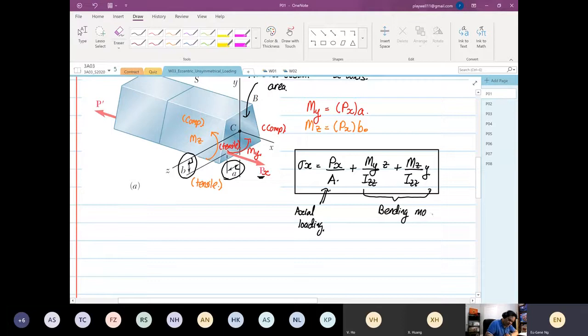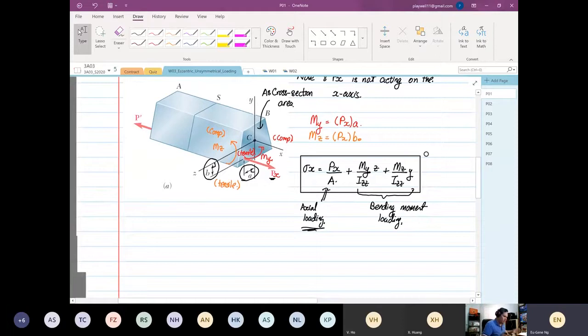In eccentric loading, this is the only thing that changes. Nothing new at all. The analysis is exactly the same, which is the beauty of what I'm teaching you. We just add on more vectors. That's about it. Let's look at an example now.